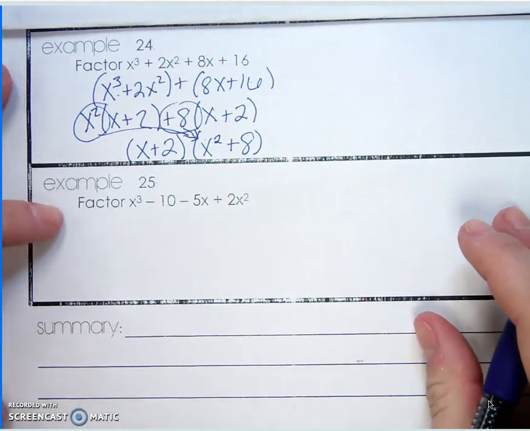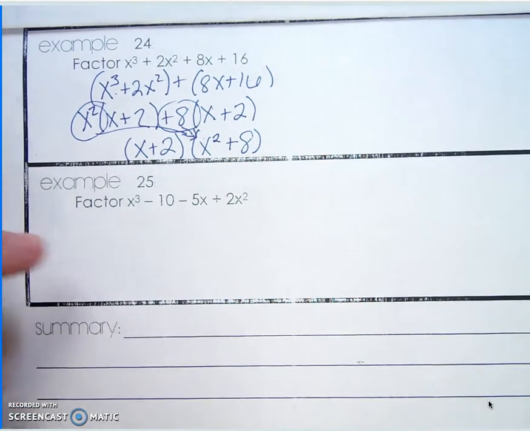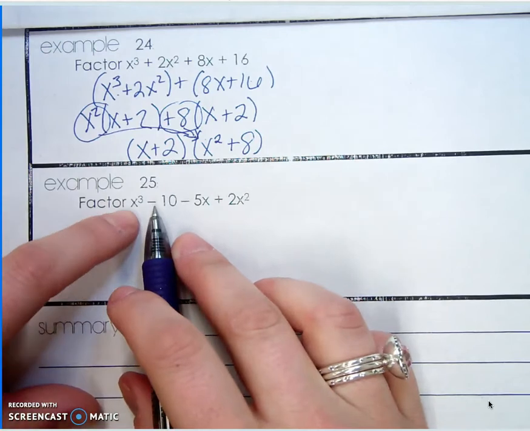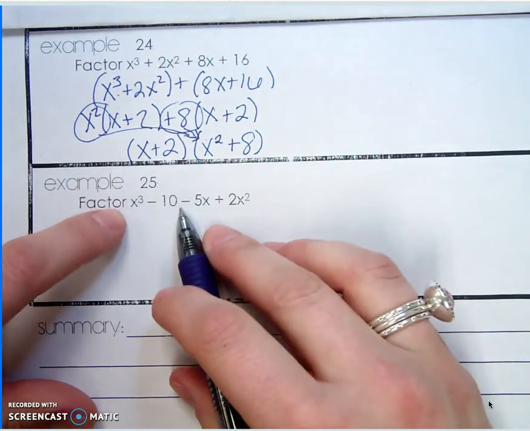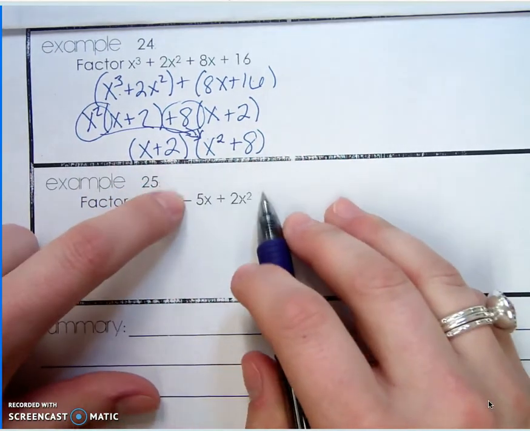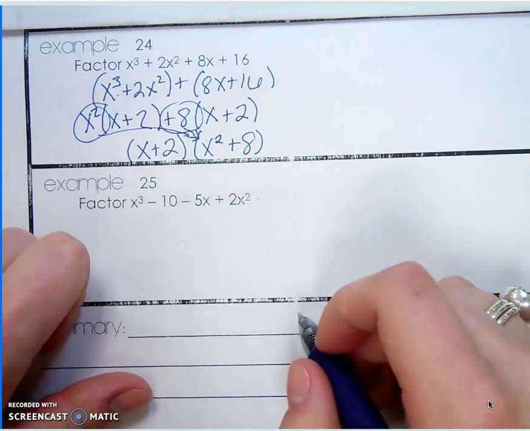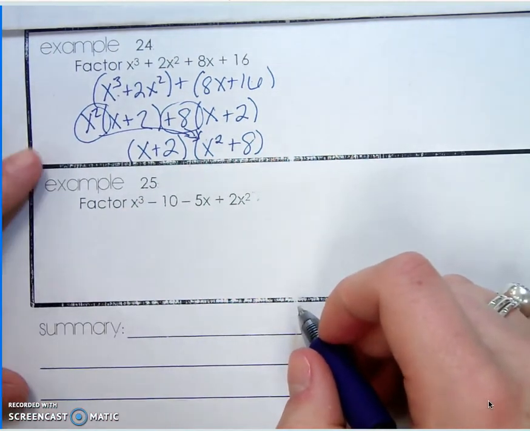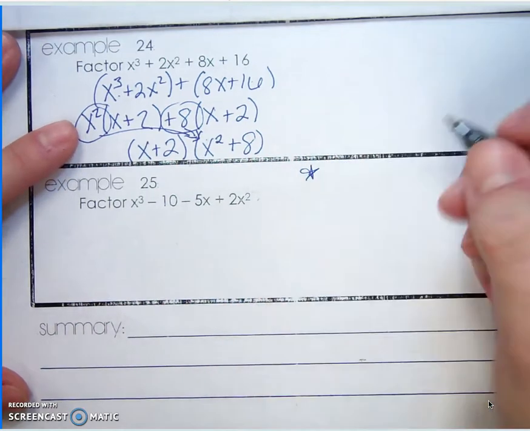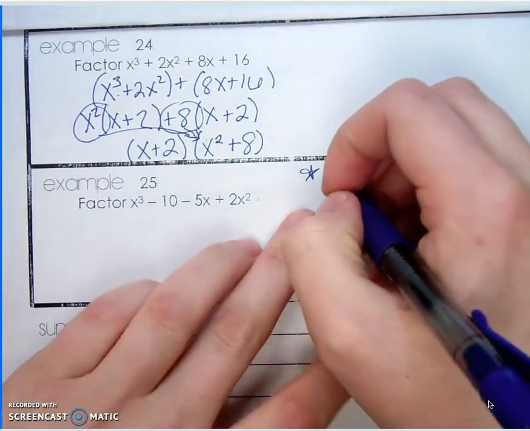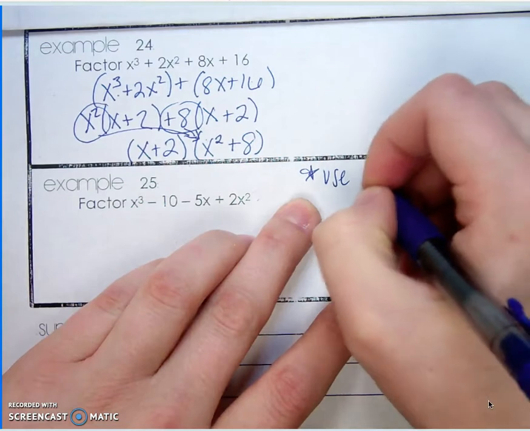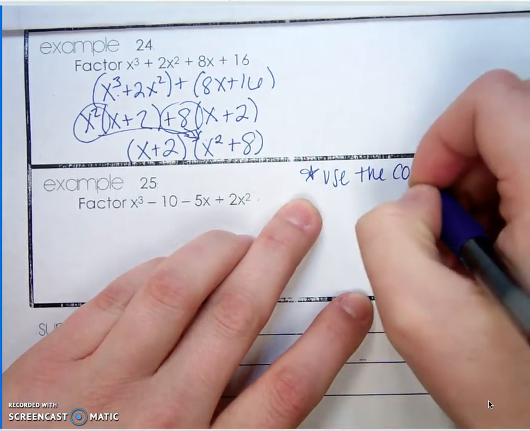And example 25. Now look, if I tried to make this a binomial right here, and then try to make this a binomial, I'm not going to be able to pull out my greatest common factor. So what we're going to do is switch it around, just like we played with a little bit in class. We're going to use the commutative property.